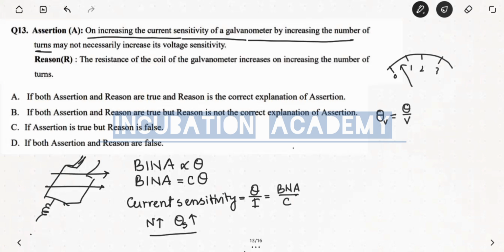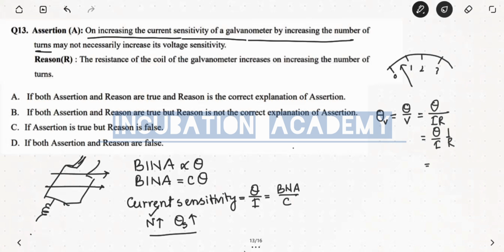Very simply, we can say it is theta divided by I multiplied by R. If you increase the number of turns of the coil, then you are increasing nothing but the length. So if I write it down, it is theta by I multiplied by 1 by R.